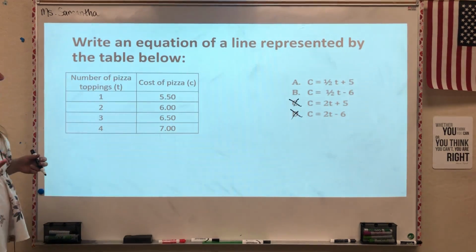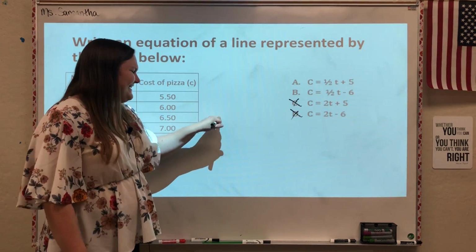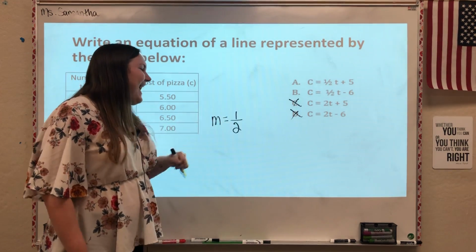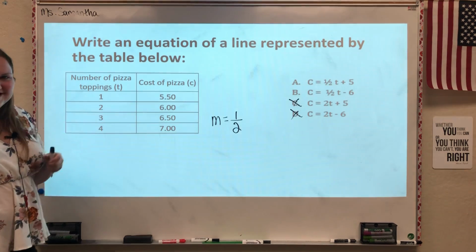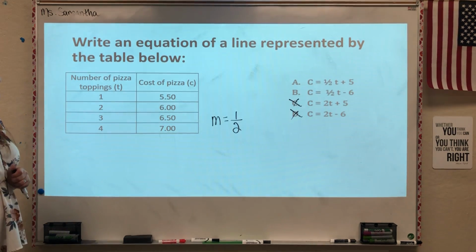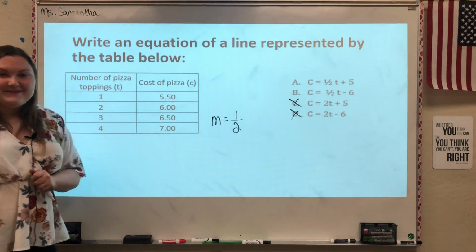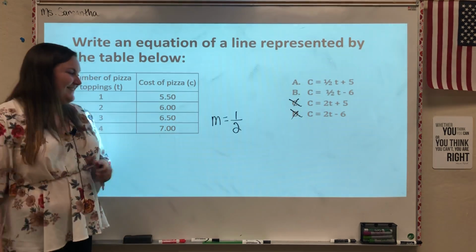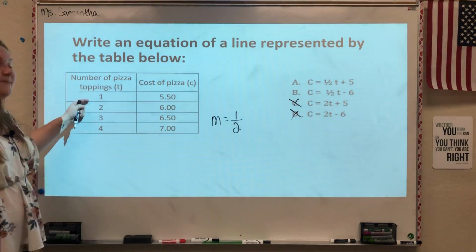So step 2 of this problem, at this point, I don't know why I erased it. You know the slope is 1/2, and you know all the information in this table. Go ahead and try getting to an equation of the line. Well, just like we did in yesterday's lesson, you've got a slope, you've got a bunch of points.